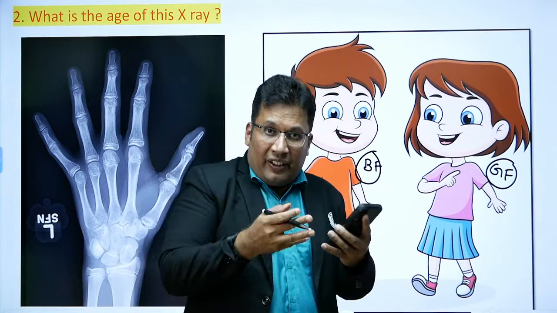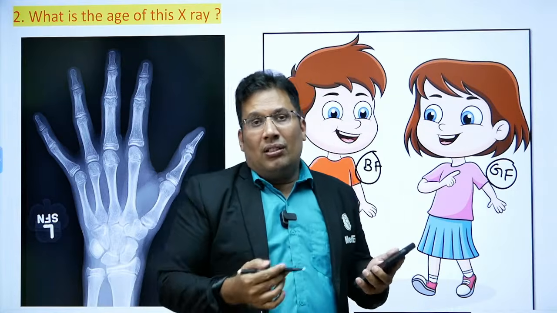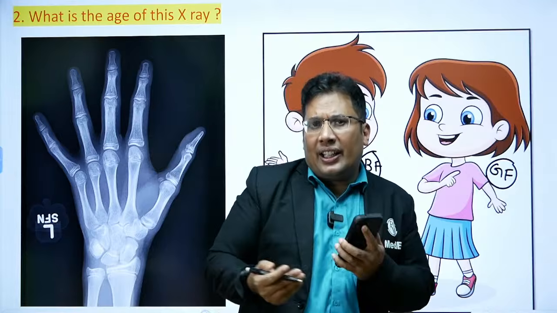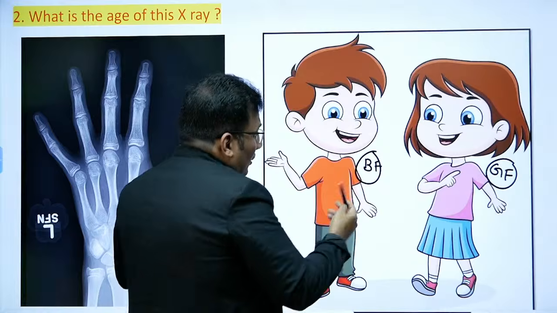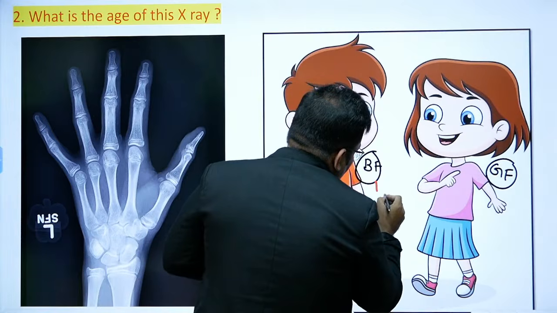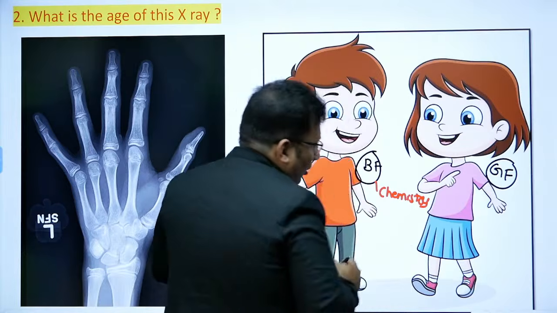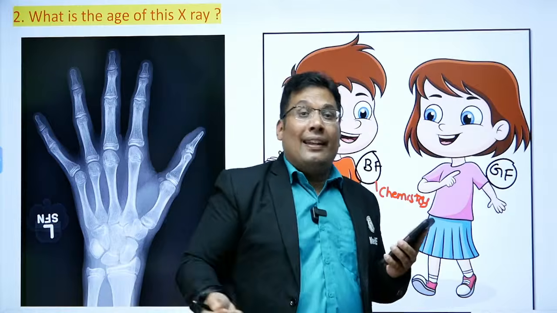So the boyfriend and girlfriend are both studying in first year degree or second year degree or second PU, like that. They were studying chemistry together. The chemistry became physics, physics became biology.